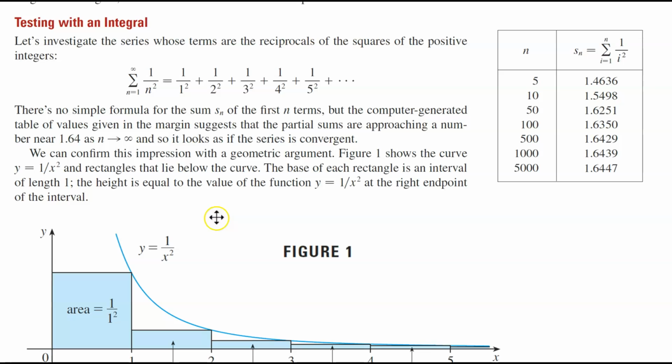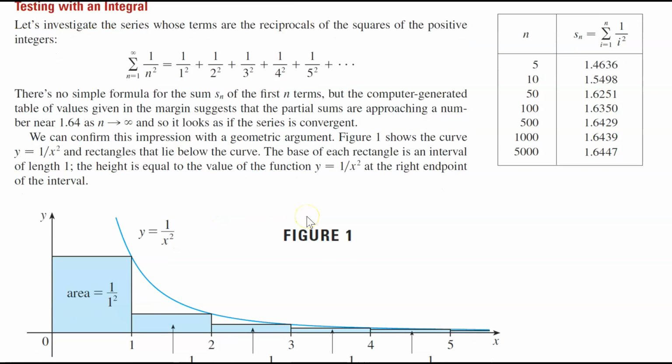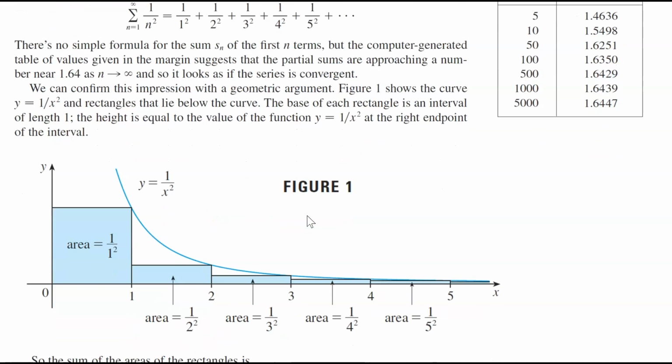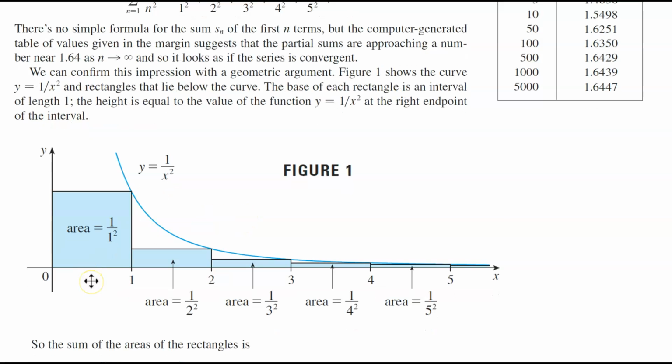Now we can confirm this impression with a geometric argument. Figure 1 shows the curve y equals 1 over x squared and rectangles that lie below the curve. The base of each rectangle is an interval of length 1.